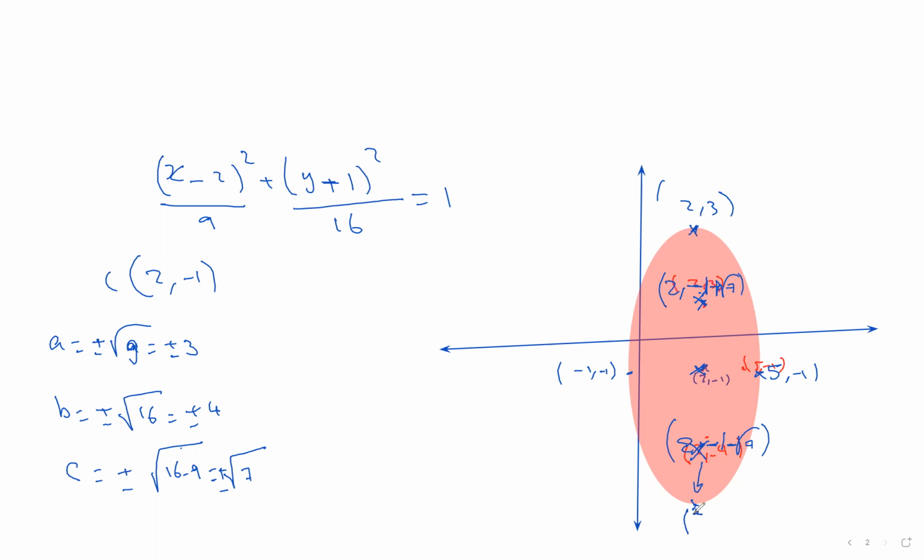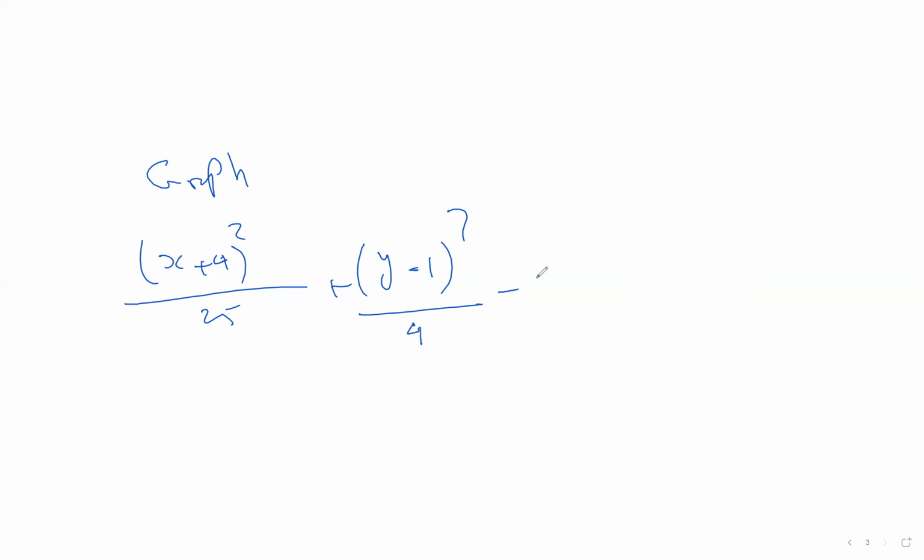So the foci will be at (2, −1 + root 7) and (2, −1 − root 7). And here, everything about this one. We found the foci and we found the center. Okay. I'll give you some examples to solve in homework.